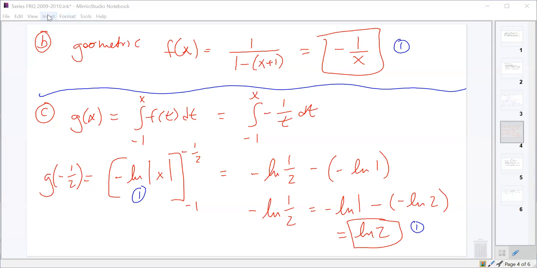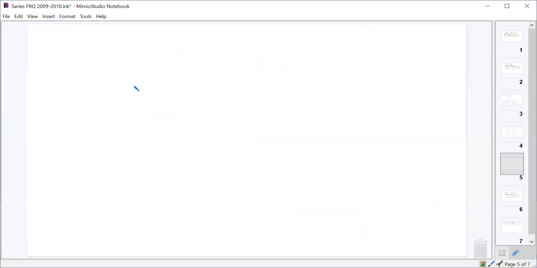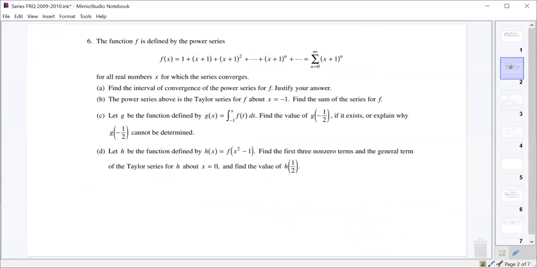All right. And we had a part D, right? Part D gave us a new function, h, and h was defined by f of x squared minus 1. And so we needed to find the first three non-zero terms and the general term of this series for h about x equals 0, and then they wanted us to find the value of h of 1/2.